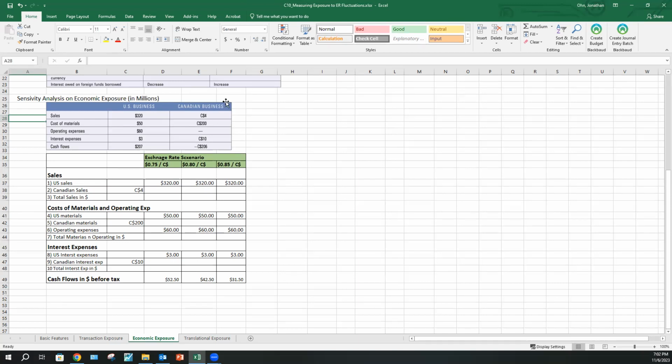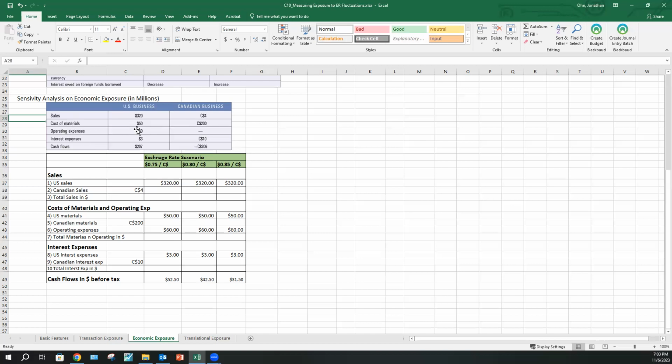So basically, the majority of the operation is in the US. However, the majority of materials are imported from Canada. So we have that here.